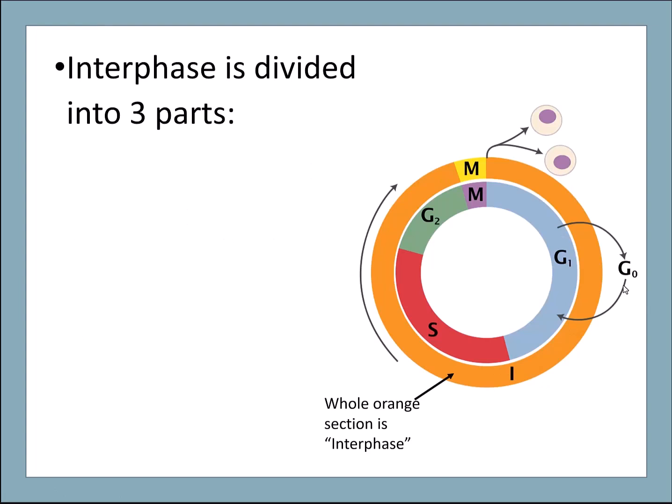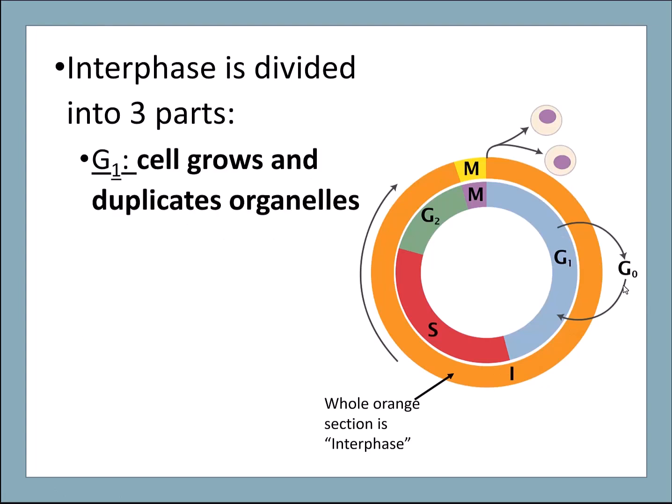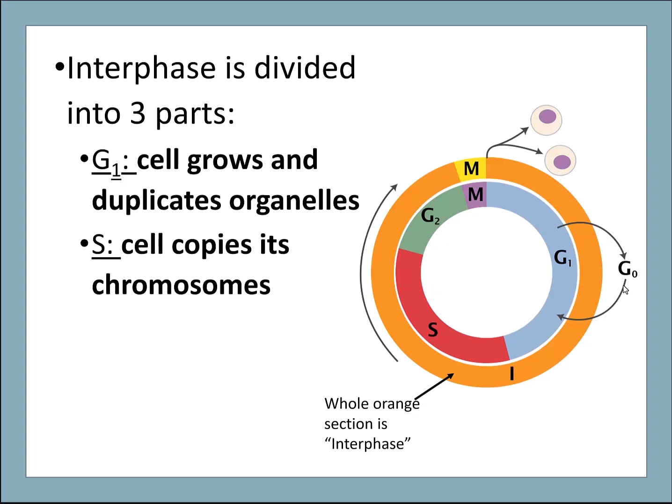So interphase is divided into these three parts. G1, in which the cell grows in volume and it duplicates its organelles, because not only does the DNA need to be replicated and prepared for division, but also all the organelles need to be replicated, because if there's only one set of organelles, then when the cell divides, there's not going to be enough for each of the two new cells.